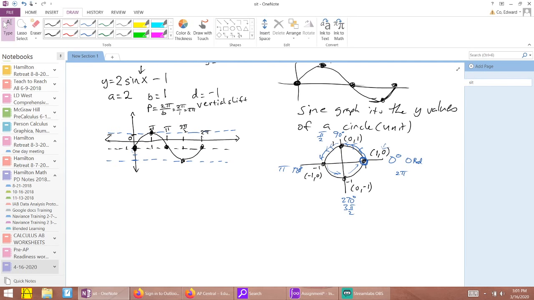So how do these translate to cosine? Well, it turns out cosine starts off very similar to this, except let's go back to our unit circle over here. Cosine is the x values.